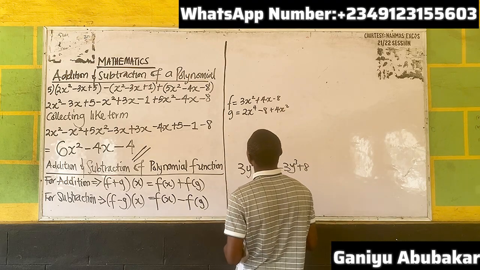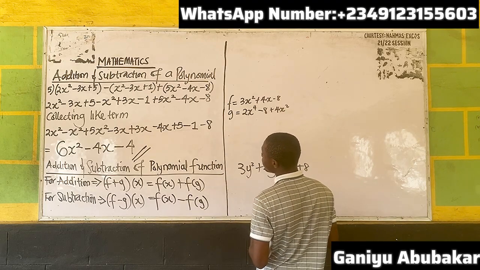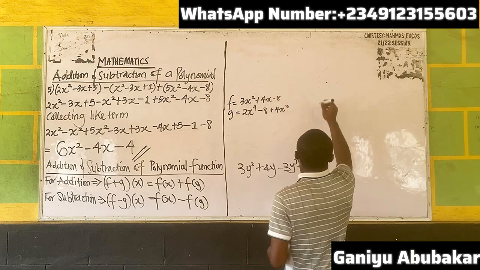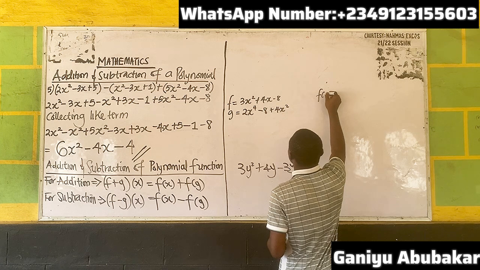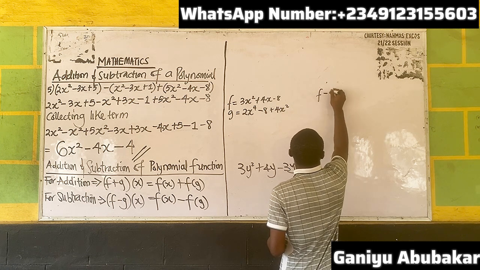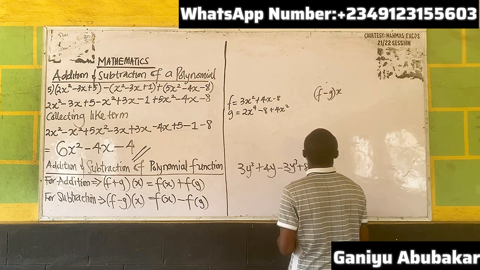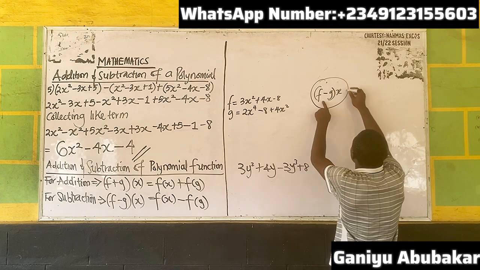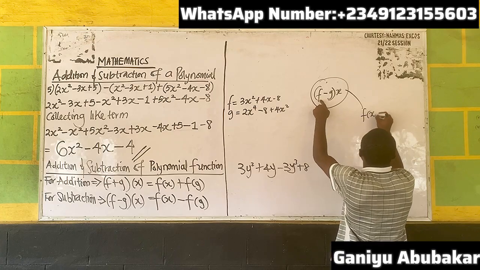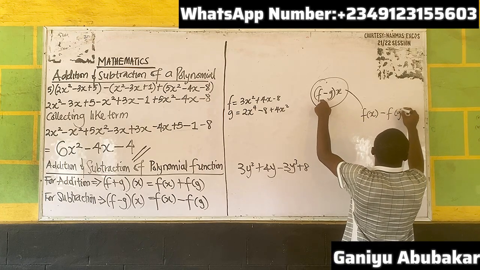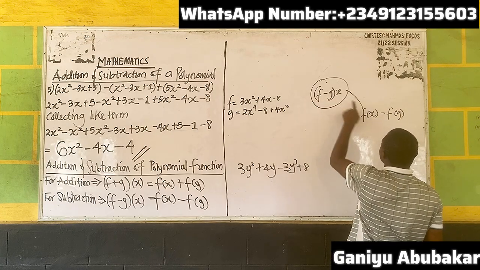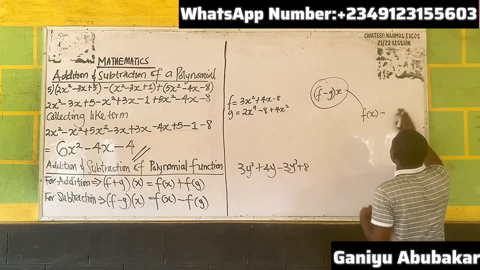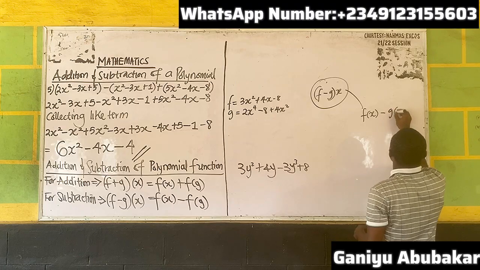They gave you f and g. They can ask you to find f minus g of x. So what does it mean? It means f of x minus g of x.